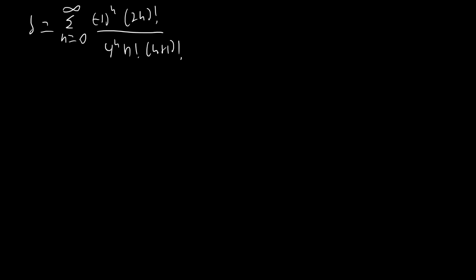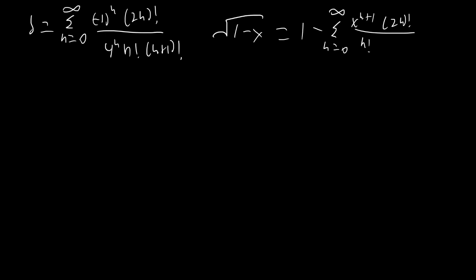So I'm just going to go ahead and remind us, square root 1 minus x equals 1 minus the sum from n equals 0 to infinity of x to the n plus 1 times 2n factorial over n factorial, n plus 1 factorial, 4 to the n, and all of this was 1/2.